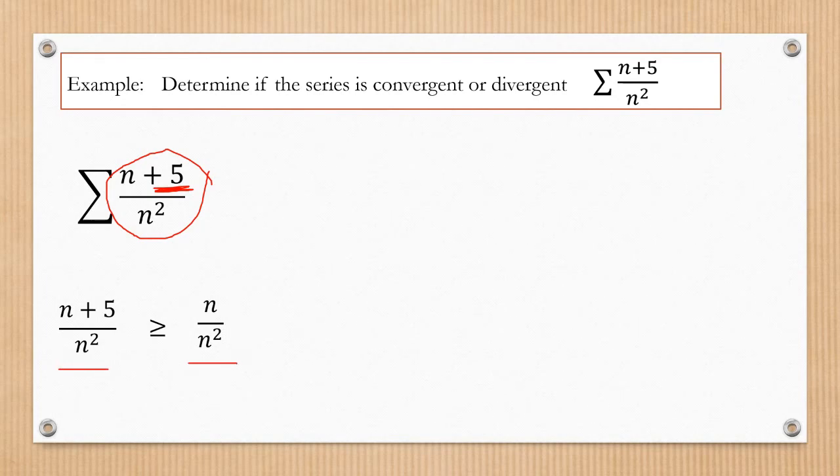in which yung isa is the original given and yung isa naman is without this insignificant value, which is ang 5. Okay? And then, we know that n plus 5 over n squared is greater than or equal to n over n squared. We know for a fact na kapag ang numerator is, let's say we have, this is an example of a similar fraction. Similar fraction because they have the same denominator.